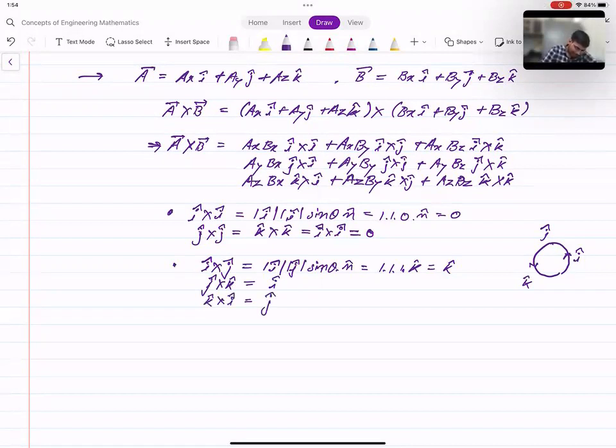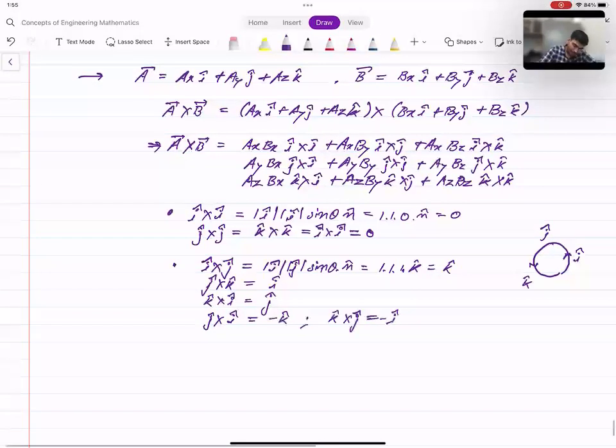If it is reversed, j cross i, we find it will be minus k cap. Similarly, k cross j will be minus i cap. And if you try to find i cross k, then in that case it will be minus j cap.